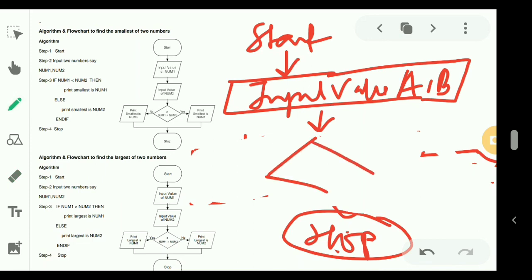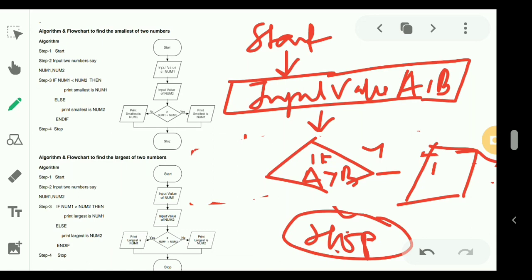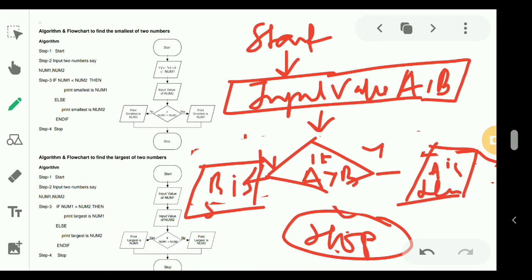We will check the condition: if a greater than b, then in the yes part, a is largest, and if it is no, then b is smallest. So if a greater than b, then a will be greater and b is the smallest. And in the previous condition, if a less than b, then a is the smallest one, b is the greatest one.